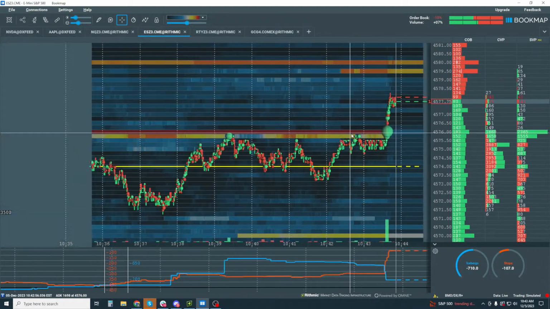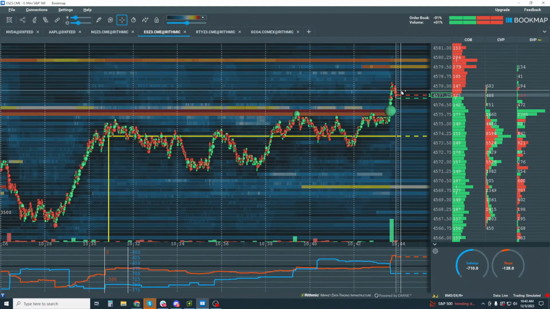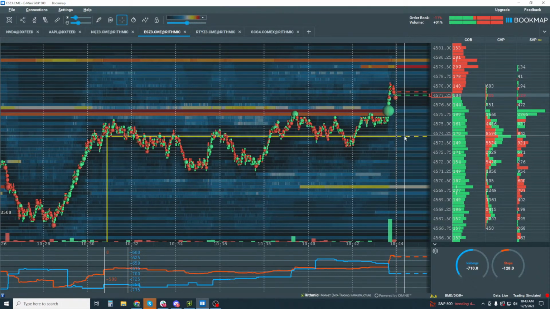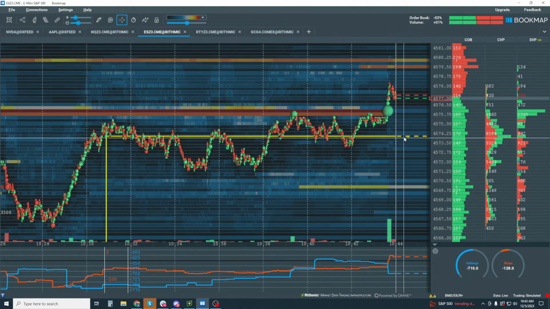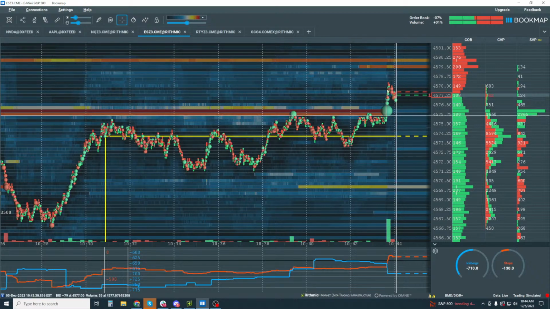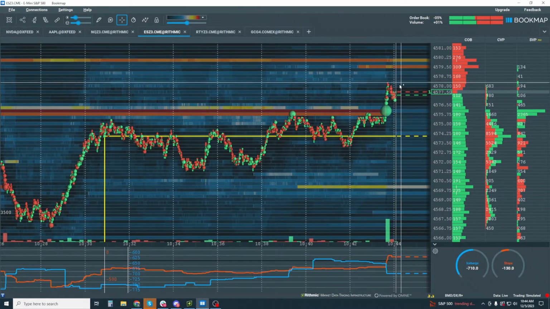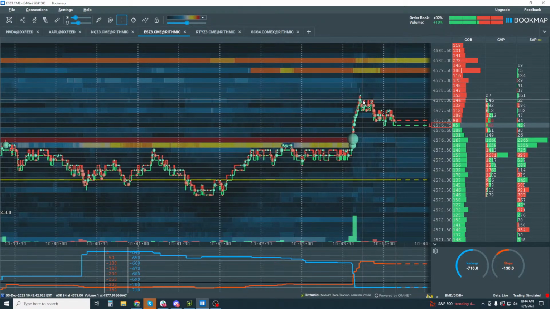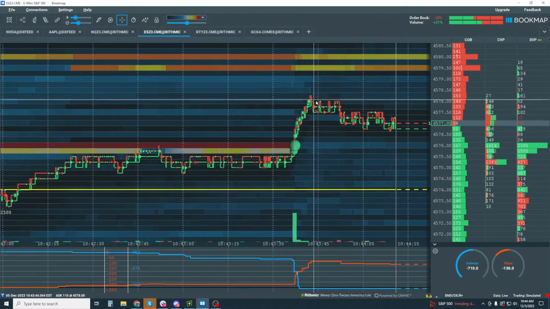Like I said, I still don't like it. I think we're probably going to get a retest right back down to here, and then maybe back down into the range here, a point of control. I mean, this transaction took place here. Look at the buying back up above it. It's just not that much.